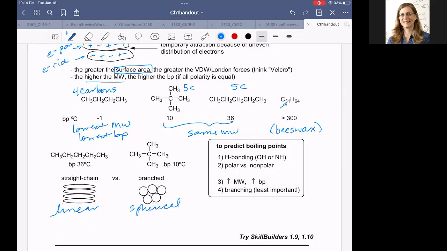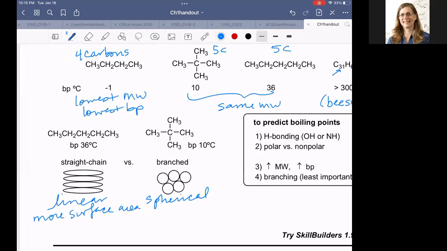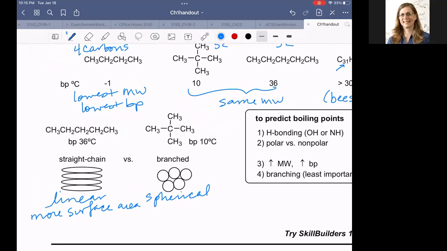The linear molecule has more surface area. Again, if you think of this like Velcro, a long Velcro strip is going to be very hard to separate if you bring 2 Velcro strips together. So more surface area means more contact and a higher boiling point, which is exactly what we see.